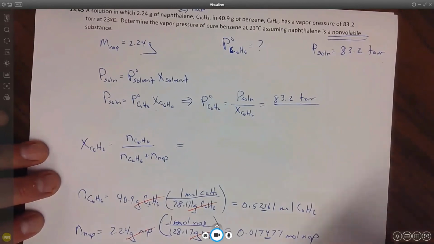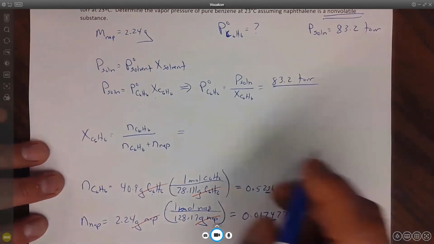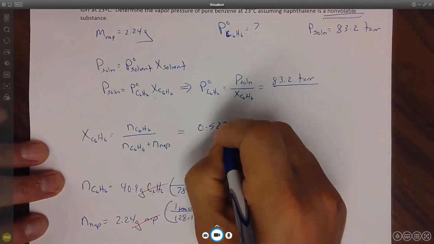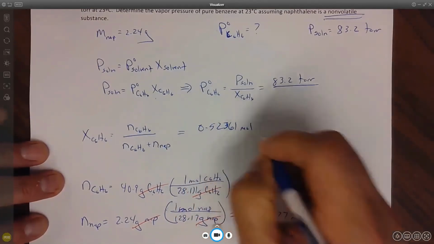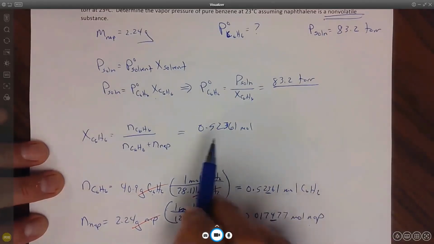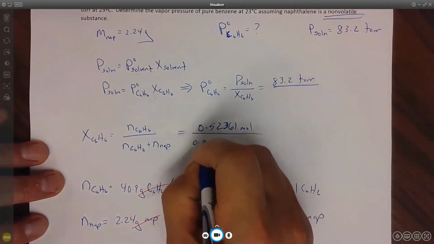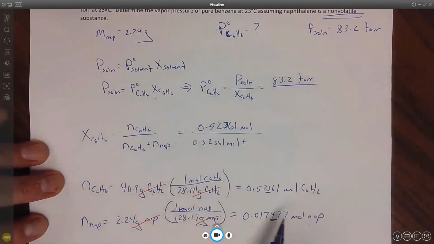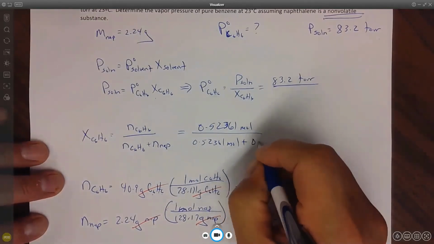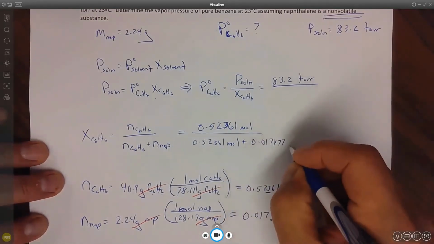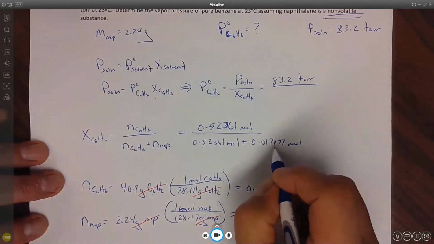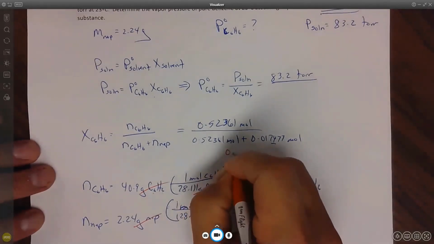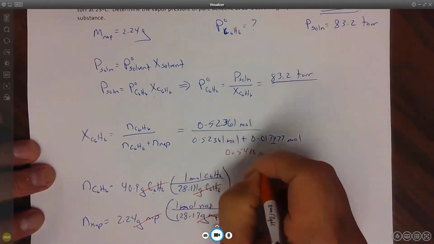Now we can plug that all in here. The moles of benzene we just determined to be 0.52326 moles. I'm going to ignore the units now because we know this is going to end up being unitless. Now it's the moles of our solvent plus the moles of our solute. This plus this is going to equal 0.54109 moles.